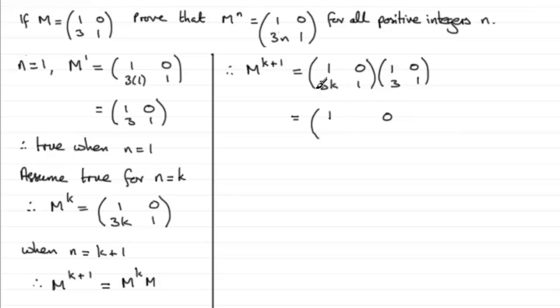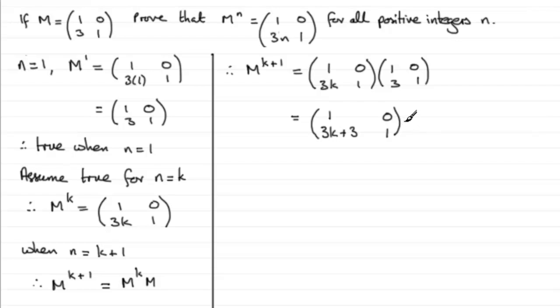And then if we do the bottom row, first column, we've got 3k times 1 plus 1 times 3, so in other words, 3k plus 3. And then bottom row, second column, 3k times 0 is 0, and 1 times 1 is 1. So 0 plus 1 is going to be 1.